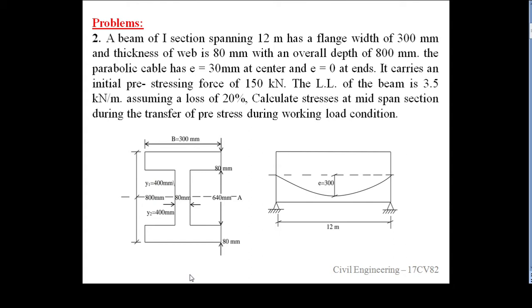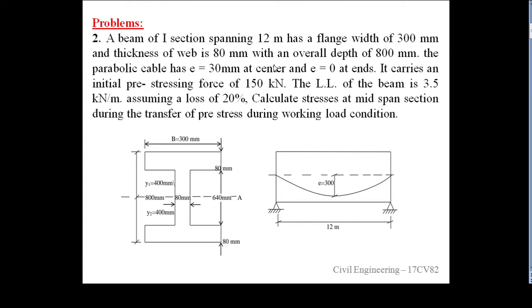It carries an initial pre-stressing force of 150 kN. The live load on the beam is 3.5 kN per meter. Assume a loss of 20%. Calculate stresses at mid-span section during the transfer of pre-stress and during working load condition.